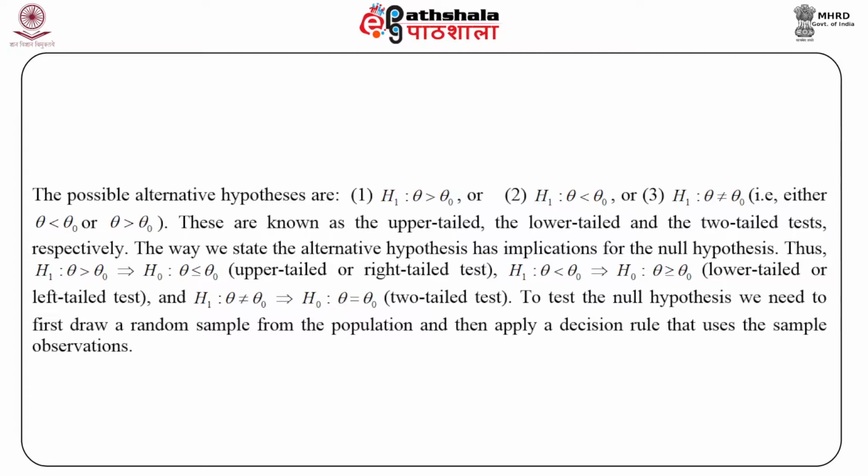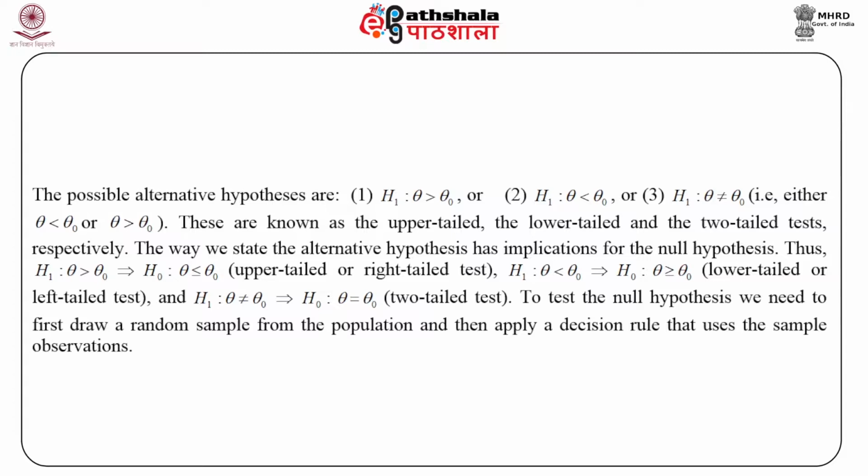The way we state the alternative hypothesis has implications for the null hypothesis. Thus, if our alternative hypothesis H1 is theta greater than theta 0, then our null hypothesis H0 is theta less than or equal to theta 0, which is an upper-tailed or right-tailed test.